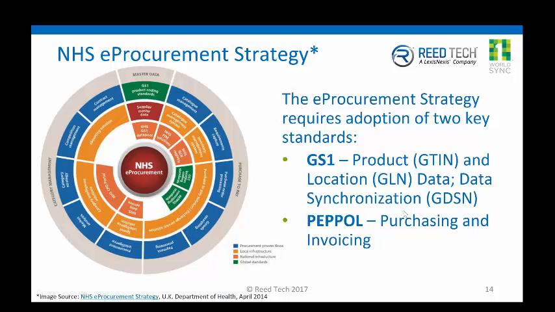So from the GS1 perspective, that's involving your products with your GTIN information. So if you've done UDI in the U.S., you know that GS1 was and is an issuing agency that is accredited by the FDA to create unique device identifiers. So in this case, since GDSN is being utilized by the NHS, it's GS1 for everything.